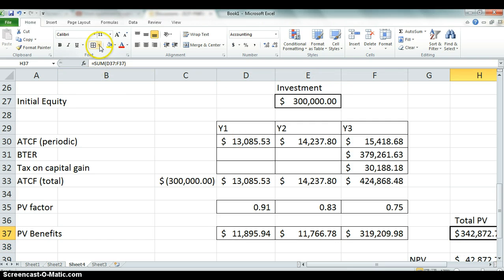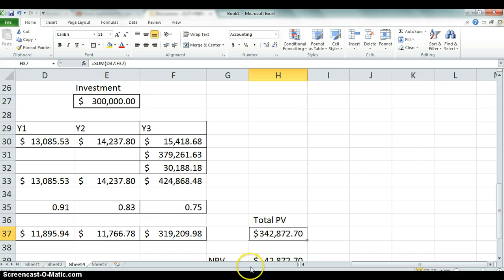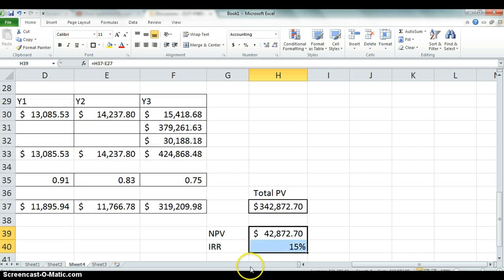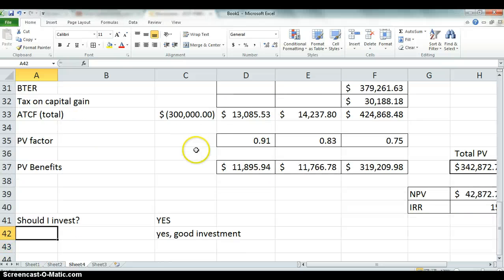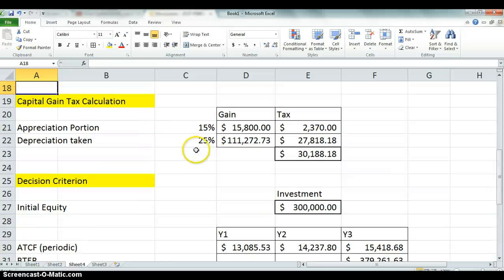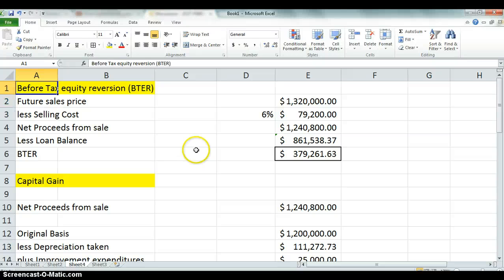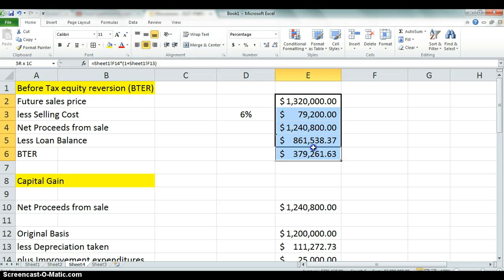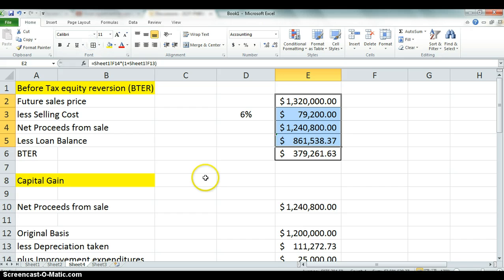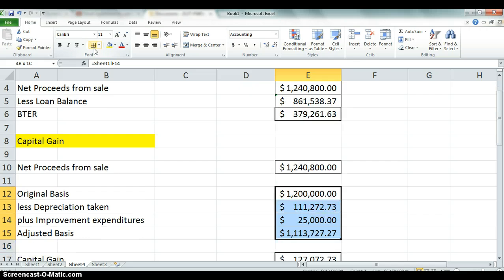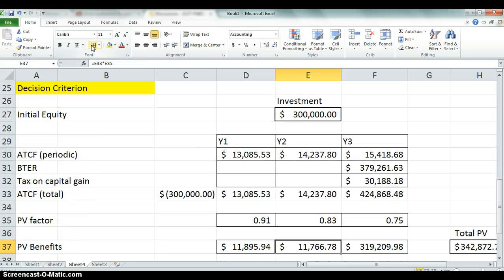Present value, another important number. And finally we have NPV and IRR. For result, we can go ahead and just make our sheet look prettier. There we go.